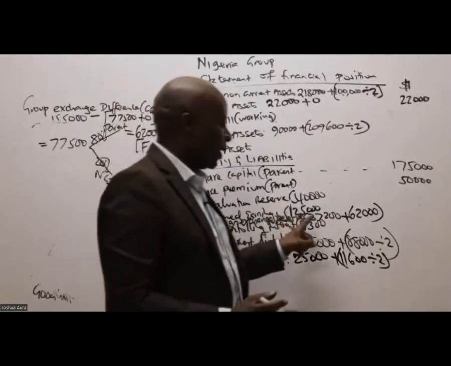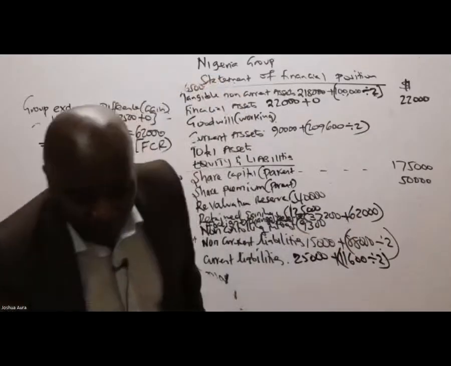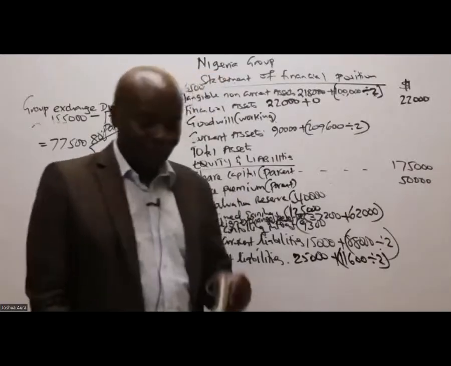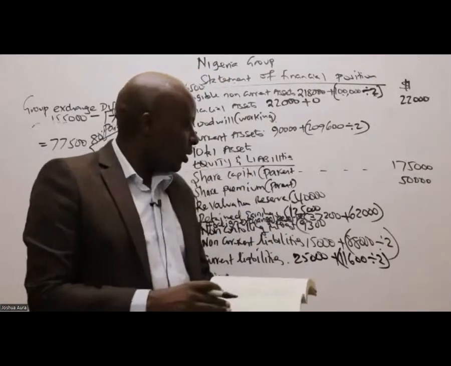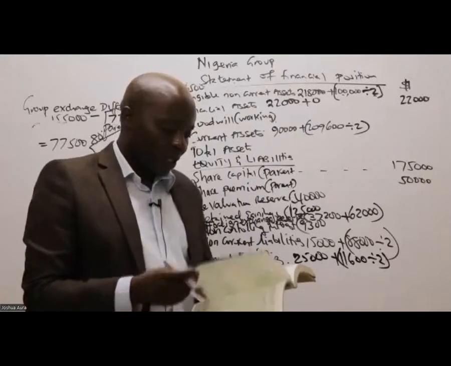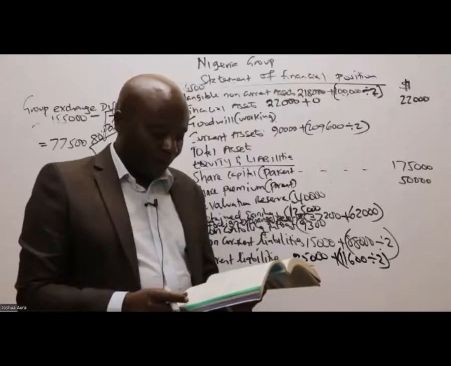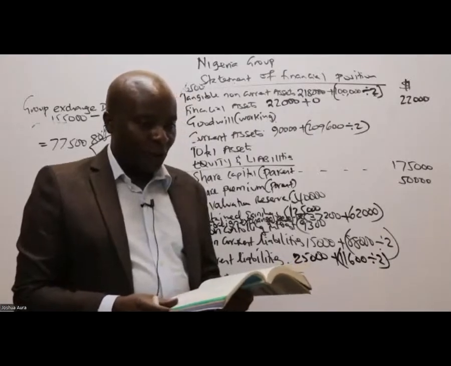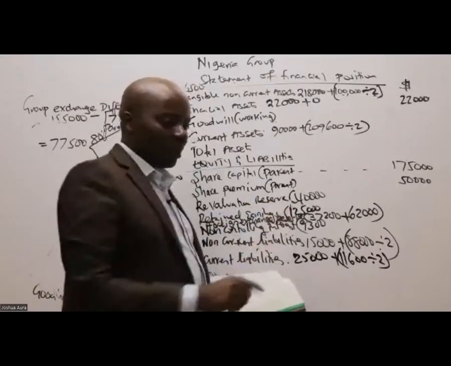So could you kindly give me this figure? What is 37,200 plus 62,000? Under the foreign currency reserve, how much do we have there? They're not talking to me. I would want us to close this because this is not very clear.